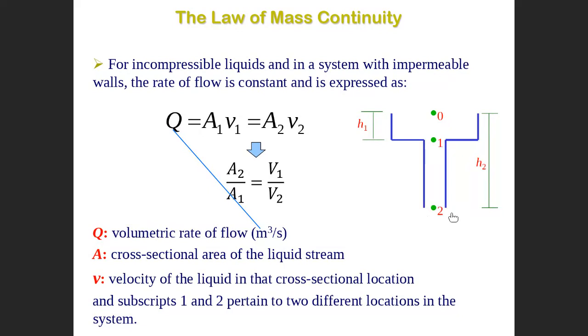Then from here we know that A2 divided by A1 equals V1 divided by V2. So this is the equation we obtained from the law of mass continuity.